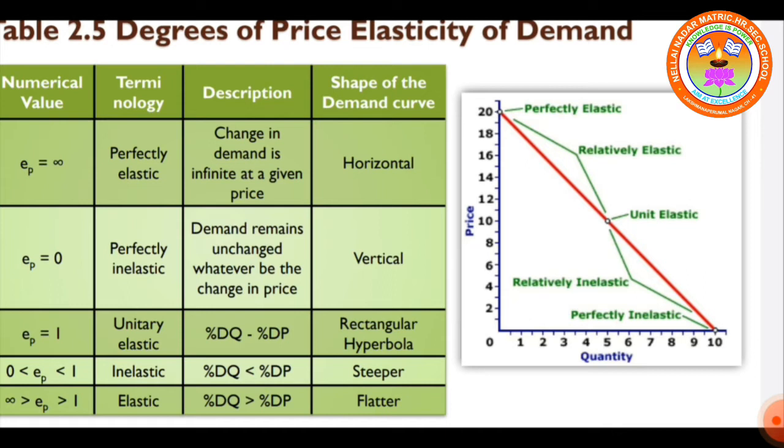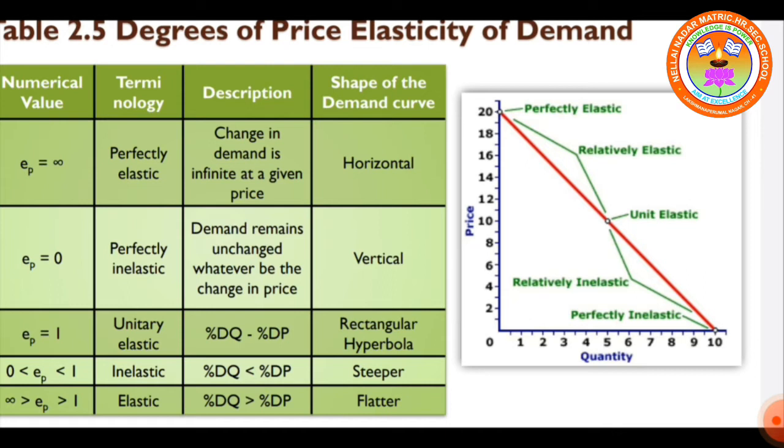See this diagram, children. The x-axis denotes the quantity demanded, the y-axis denotes the price, and the demand curve slopes downwards from left to right. Here the midpoint is called unit elastic. The beginning point is perfectly elastic.